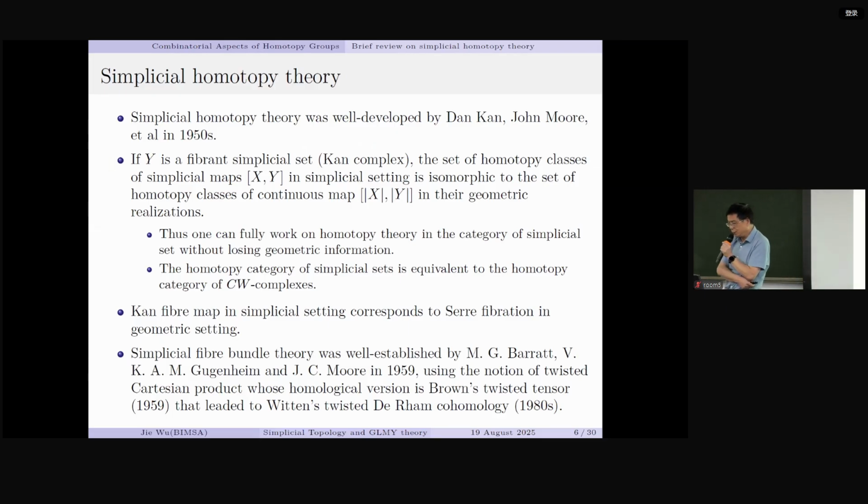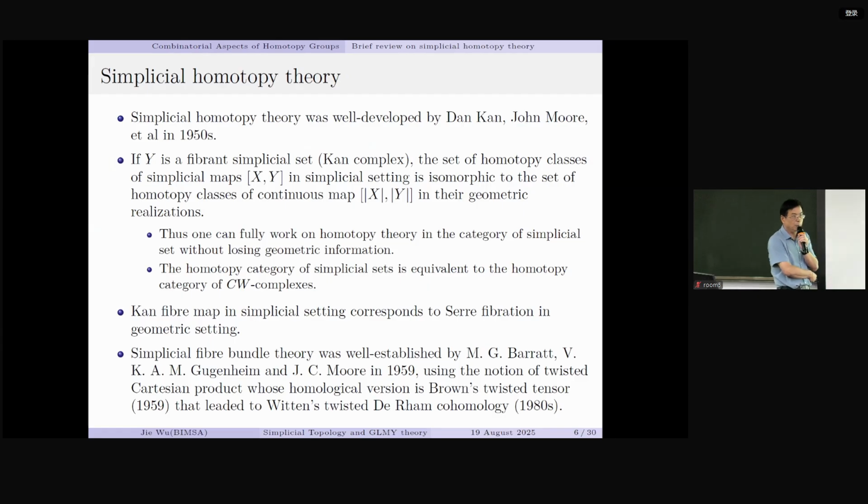And it turns out that there's a corresponding setting called simplicial fiber bundles. It performs perfectly as what you do in the geometric way. Now, there's one interesting part of this simplicial fiber bundle. You can introduce the notion of a twisted Cartesian product to do that.